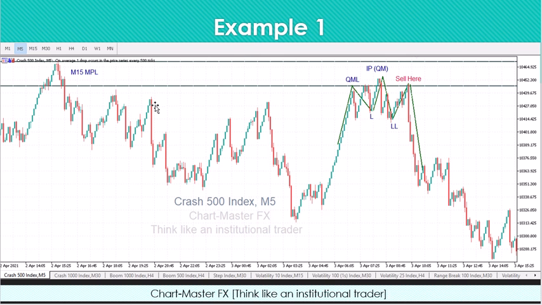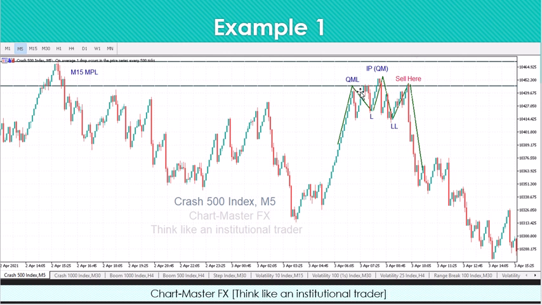On the M15, you check for a valid MPL or a Quasimodo level or whatever you identify there, as long as it's a valid decision point. So this was in the MPL area of M15. So what happened is that when the price came to this MPL, it actually made an impactful pattern, which is the Quasimodo.